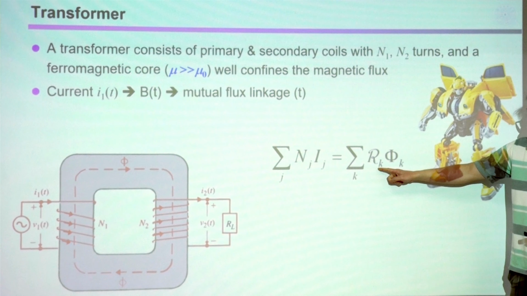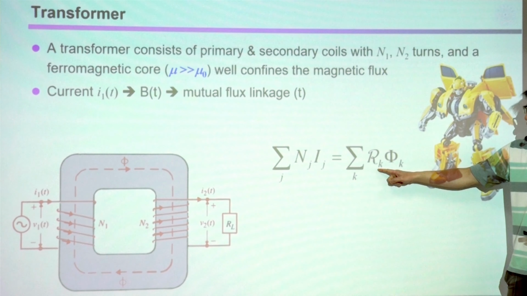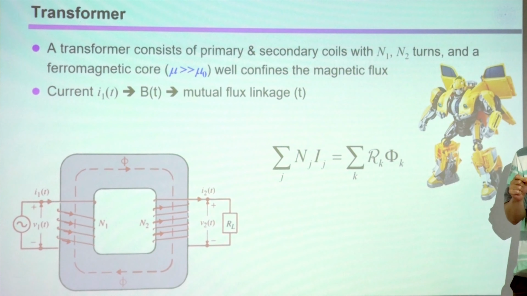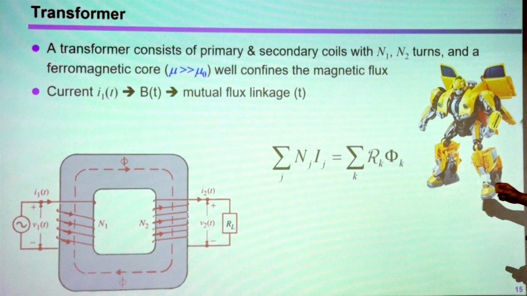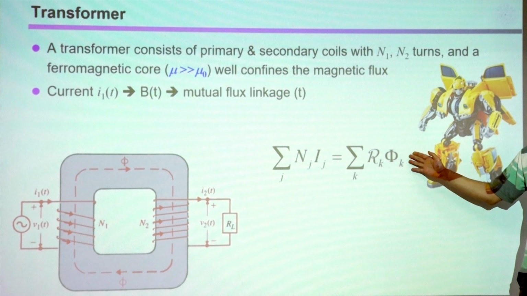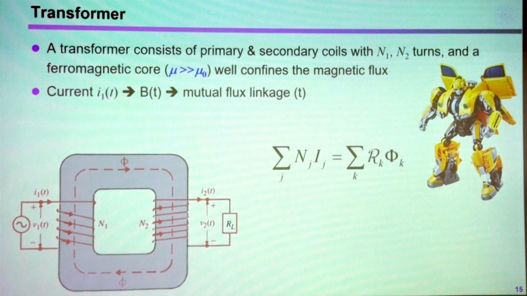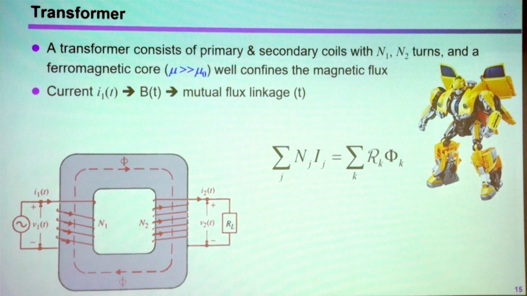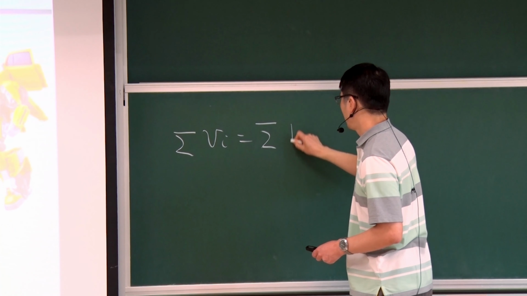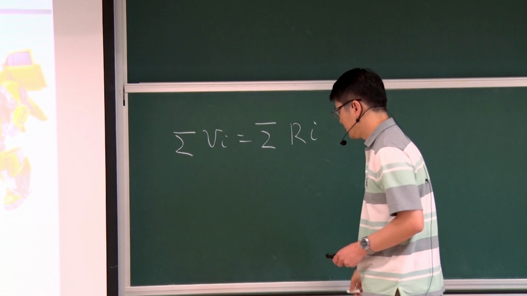Do you still remember what this is? It's called the reluctance, 磁阻. And this is the magnetic flux. Together, this equation is almost like saying the sum of Vi equals sigma R times I, right?